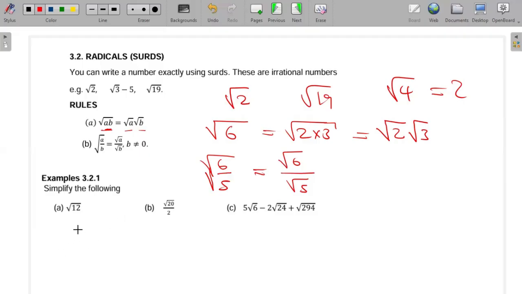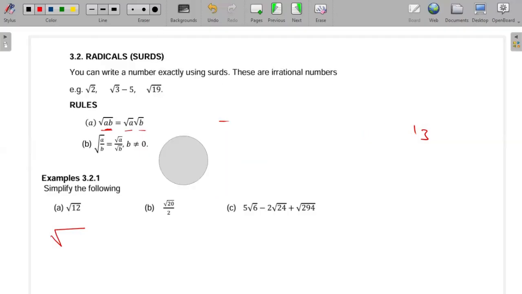So how do we simplify the following? Key in simplifying radicals, what you want to do is first see if you can get a perfect square from there. Let me erase this part and use this upper part. The square root of 12, they're telling us to simplify this.